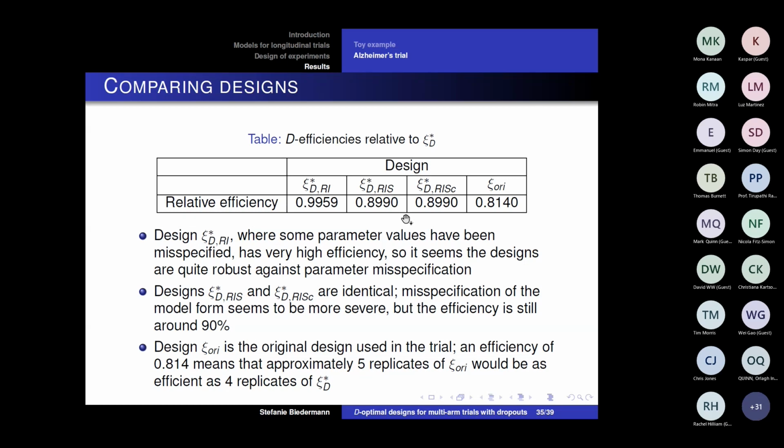So what we normally do in design is we look at different scenarios where we might have misspecified our model or parameters, and then see how well the designs would do in that case. Another possibility is also to try to use some Bayesian form where you in a way integrate over certain prior distributions for parameters, for example.